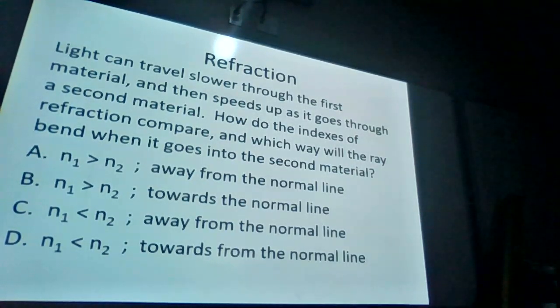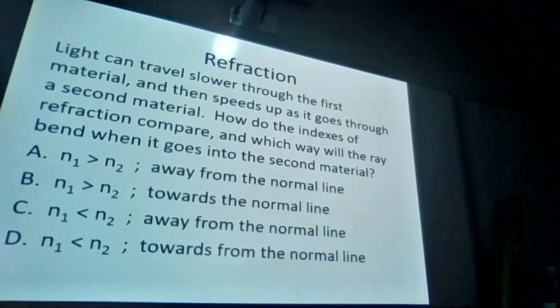Correct answer is A. As it goes from slow to fast, it speeds up. Slower means a higher index of refraction, and it bends away from the normal line.